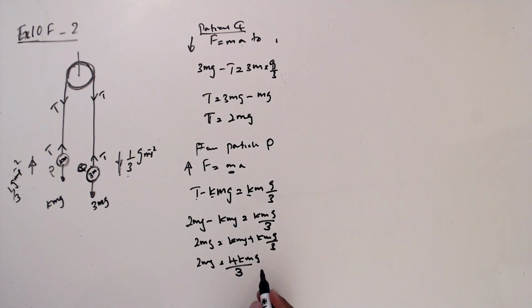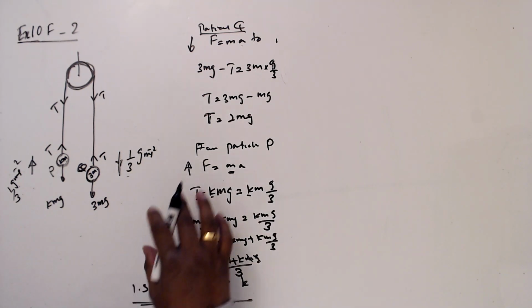Then m and m cancel out, g and g cancel out, and k is 6 over 4, meaning 3 over 2, which is 1.5. So the k value we found out is 1.5.